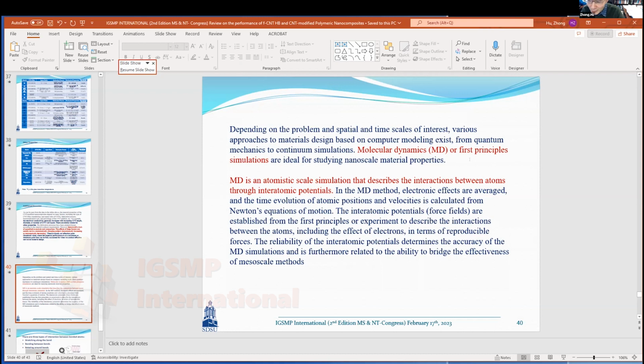But finite element analysis is impossible because at this macro scale, you won't be able to see the details at the nano scale. So maybe molecular dynamics is the most feasible. We can adopt it in the next step to provide more details on how the factors influence the nanocomposite.